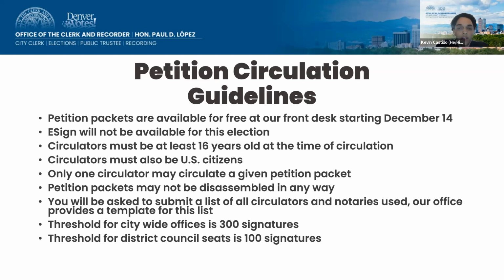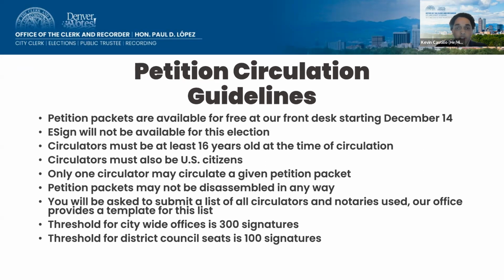What does this mean? Well, if you have a team of volunteers, they're each going to need their own petition packet, right? So volunteer one can't fill out half of a petition packet and then hand it off to another volunteer to get signatures on the other half. One petition packet, one circulator. It's very important. Just want to make that clear to everyone.